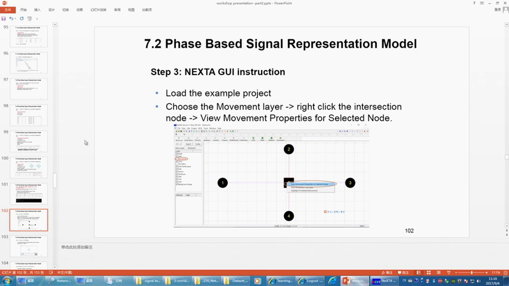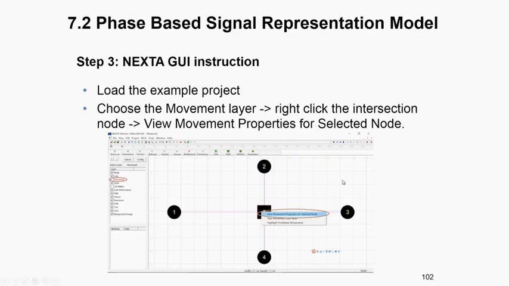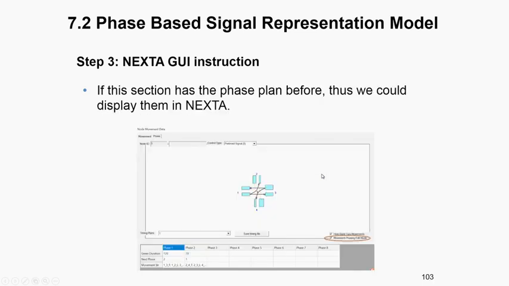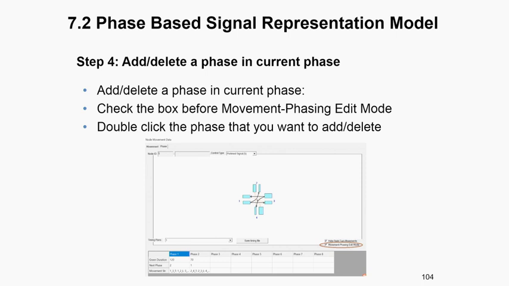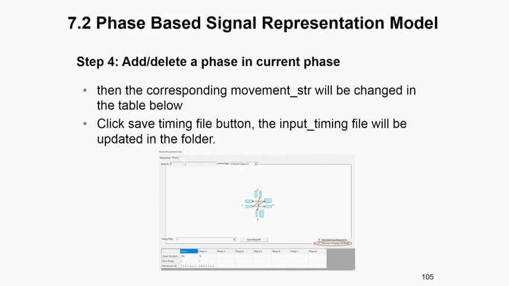So what I want to do here is I'm going back to the presentation mode. We have this GUI interface already. Movement, NEXTA interface, doing the editing and the save. And you can add and delete the phase in the current phase. You can add or delete the corresponding movement strings at a different phase.